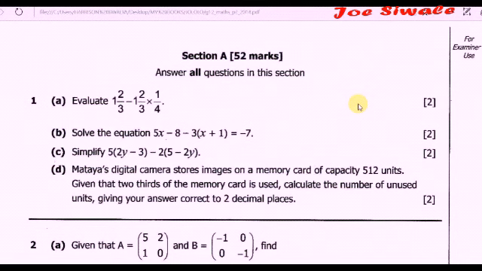And question D says Matea's digital camera stores images on a memory card of capacity 512 units. Given that 2/3 of the memory card is used, calculate the number of unused units, giving your answer correct to 2 decimal places.